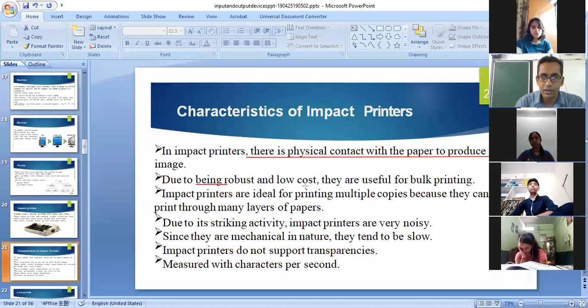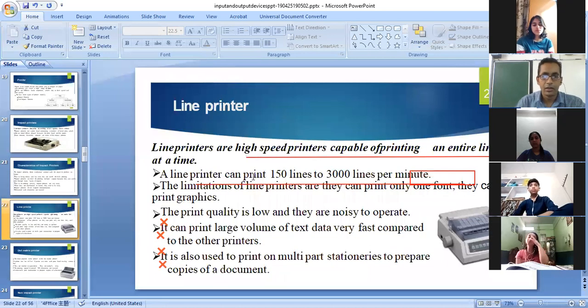Due to being robust and low cost, it is useful for bulk printing. Whenever you want to do bulk printing, you use a dot matrix printer. You need not study in detail. These points are not of much importance. Let us see a laser printer.